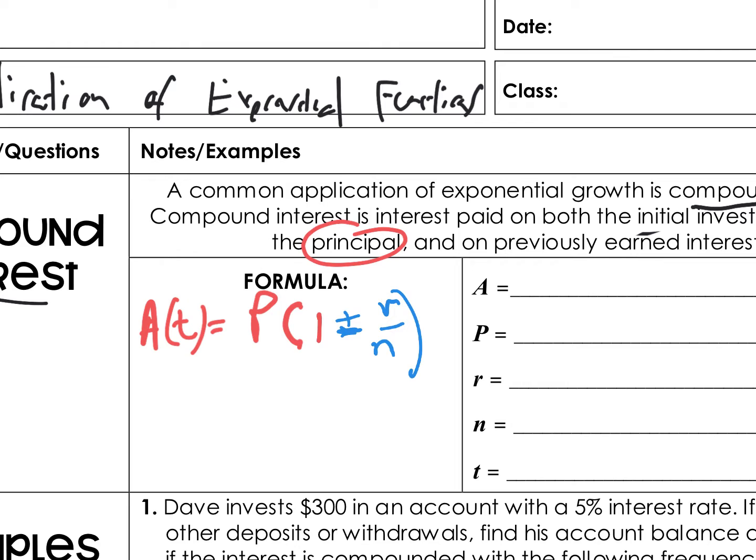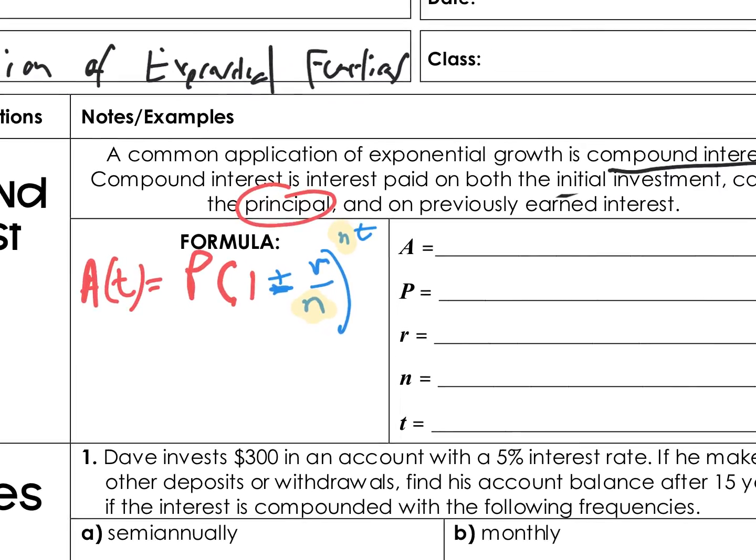Raised to the, instead of RT, it's NT. The same N that I put here, I put next to the time. So let's try to define these. I had a hard time in second period defining N.